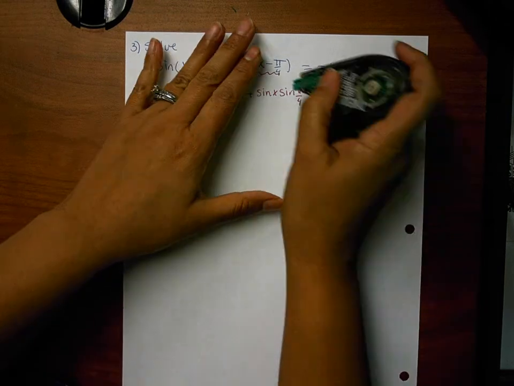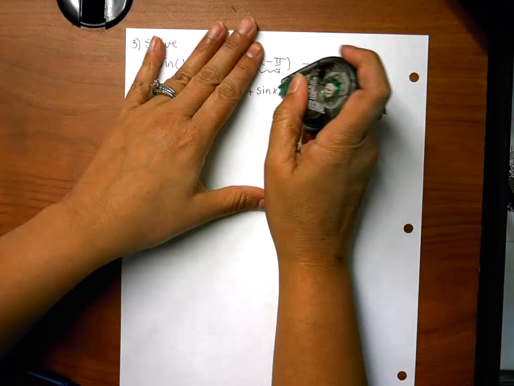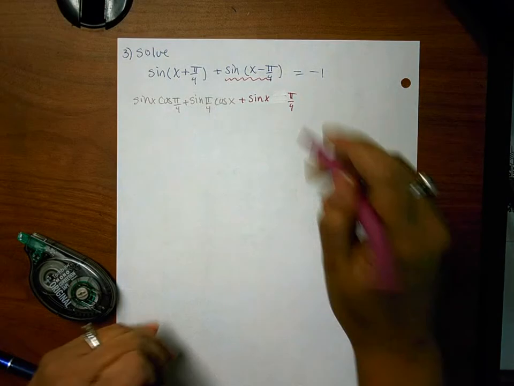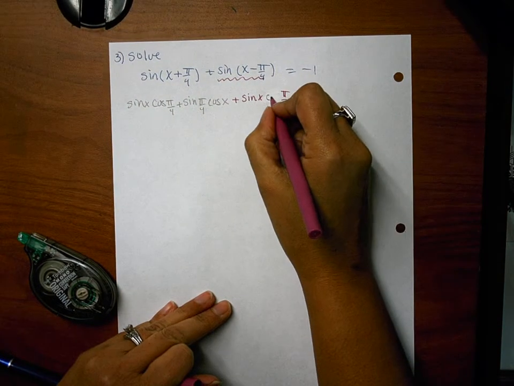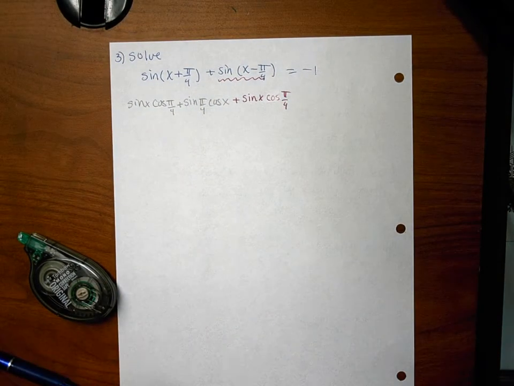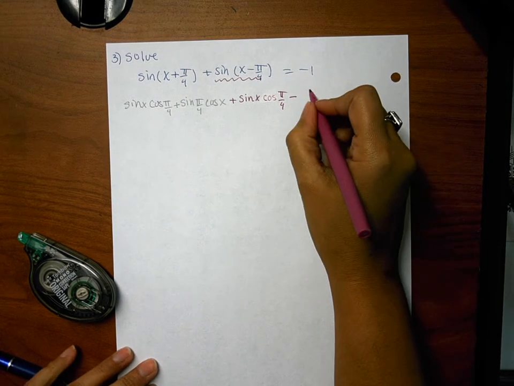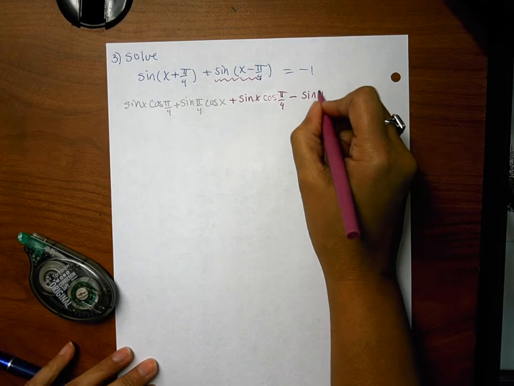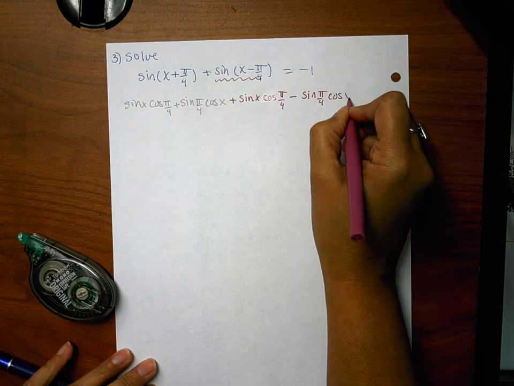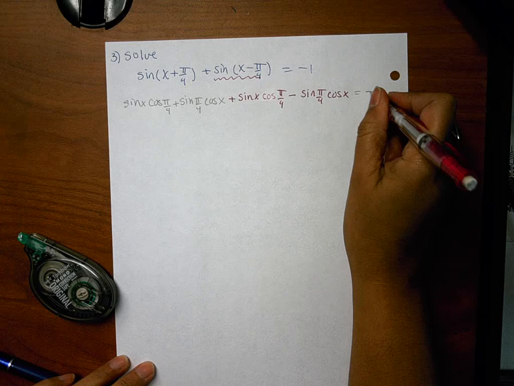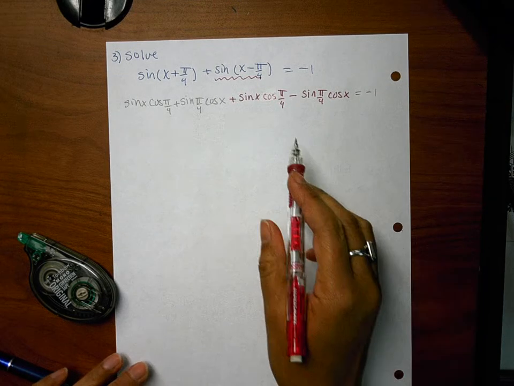Sorry, got to change that piece there. That should be cosine because it is the friendly one. Okay, so let me just fix that. Cosine of pi over 4, same sign, so it's minus sine of pi over 4 cosine of x equals negative 1.